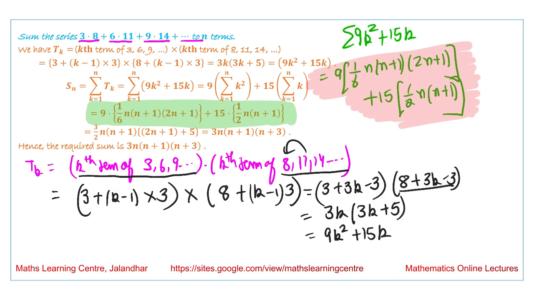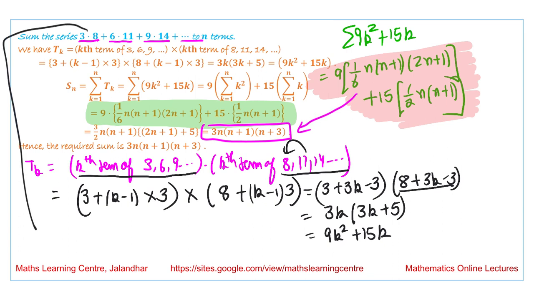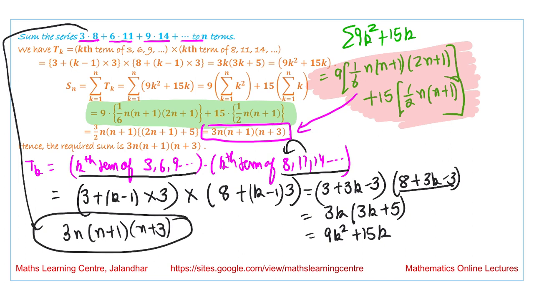Now on solving these values, we obtain the final answer in the form 3n into n plus 1 into n plus 3. So we are saying that the sum of this series is 3n into n plus 1 into n plus 3. So this is the final answer in this case.